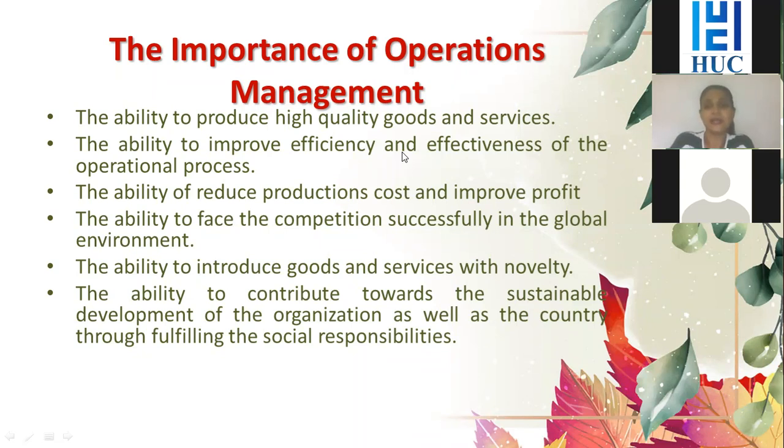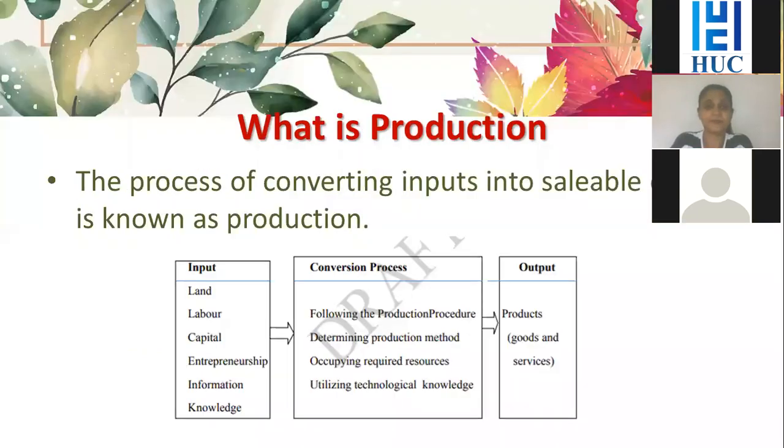That is why very large businesses normally have a separate department called the operations department. Some businesses don't have a separate one, but anyhow every business is doing operations management.